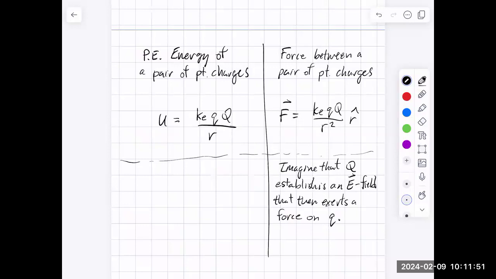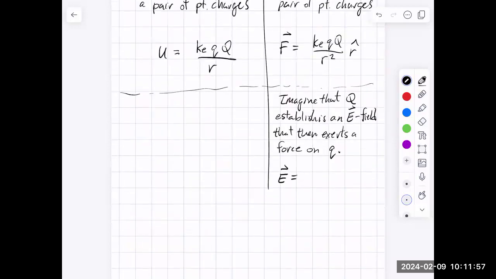All right, so we did that, and we defined the electric field to be k_e big Q over R squared R hat. Another way to think of it is if we just take the Coulomb's law force and divide by little q, that gives the electric field. Or we could then say the force on little q is q times the electric field due to the large charge. Of course, we can do it the other way. We can say little q makes its own electric field, and then it exerts a force on big Q. That's exactly the same thing.